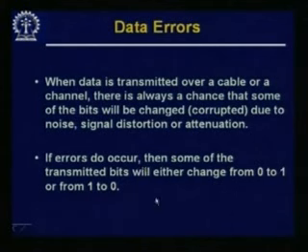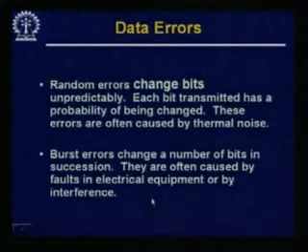Of course, this data error will also depend on the kind of transmission medium we are using. Random errors change bits unpredictably, where each bit transmitted has a probability of being changed. These errors are often caused by thermal noise, which is very general and always present in any kind of system.